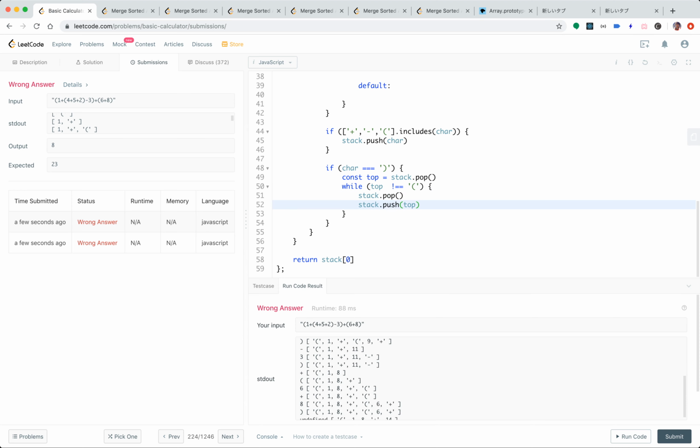While it is not top character, if it is not like this, then it must be a number. So const operator equals stack pop.